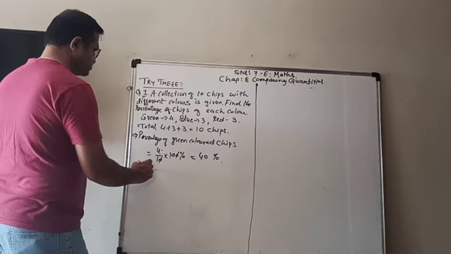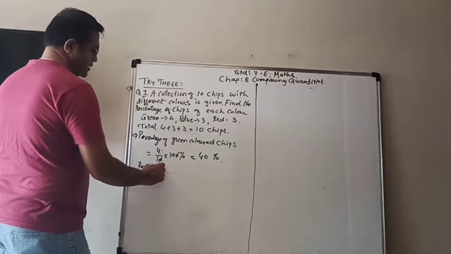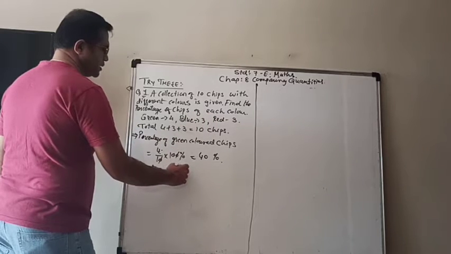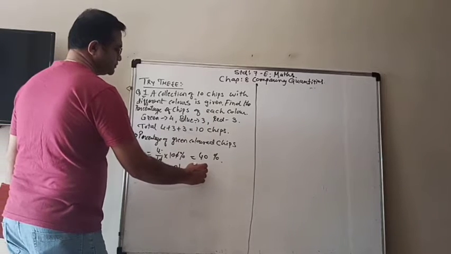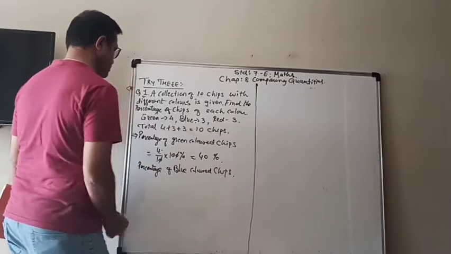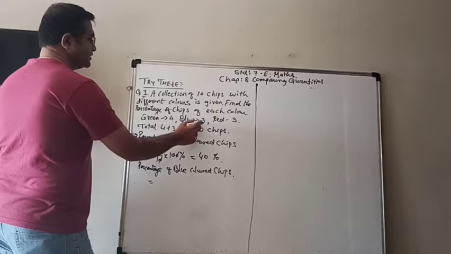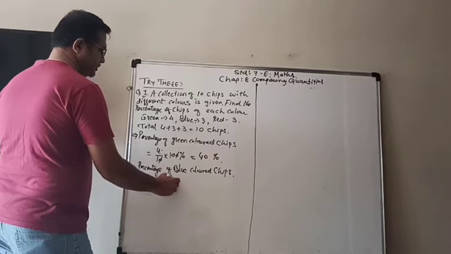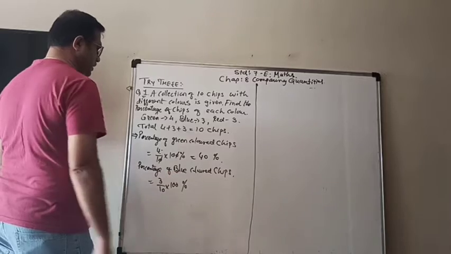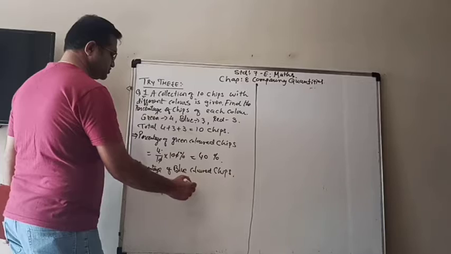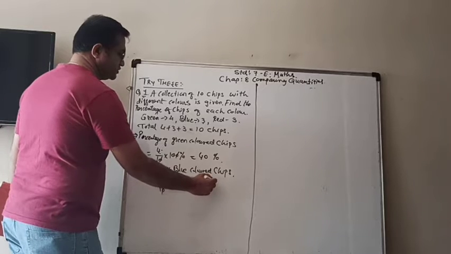Now next, percentage of the second one, blue colored chips. Blue color, there are 3 chips out of 10 multiplied by 100%. So we cancel zeros, so you get 30%.